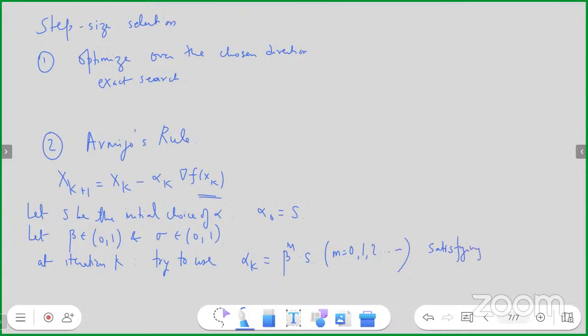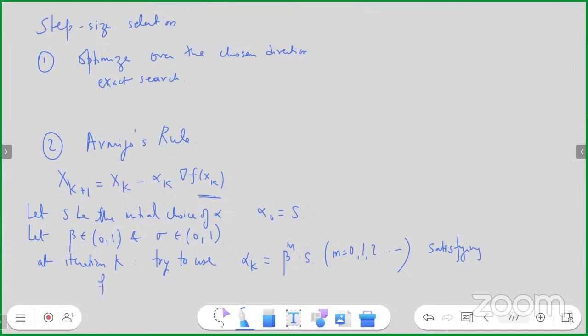Now this is the decrease condition. When we did the exact line search, we just went as far as we could and tried to minimize that function. Now we're not going to go as far. We're going to say, I should get at least so much decrease. That's what we'll see. So there is something to be said about this also. I'll come back once I write the decrease condition down.